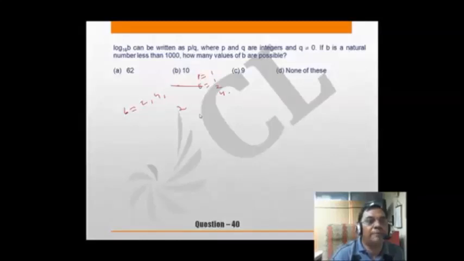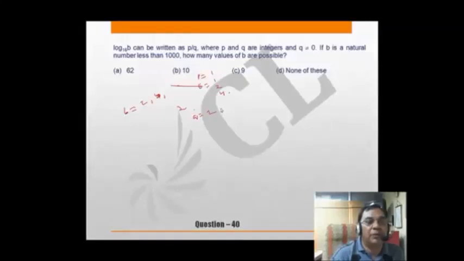Okay, 1, 2, 4. If I take B to be 2, now Q, if Q is 2, that means under root.